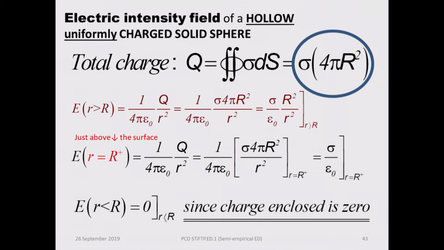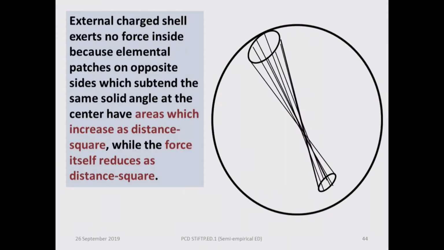Here we have arrived at this conclusion using the Coulomb-Gauss law, but using the Coulomb's law itself, you can see that if you look at a point inside a spherical region, then there are forces from opposite sides which have opposite directions. But then if you draw these cones passing through the center, then you have the area of the surface which increases with distance square actually.